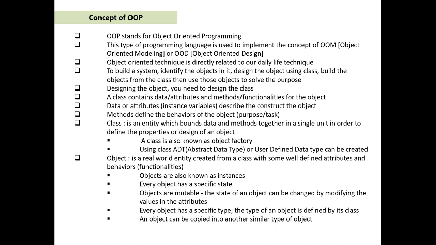Okay, so object oriented programming is basically a special type of programming where we consider the object as the basic elementary part in the entire system. Okay, whatever we will do, we will consider that we are dealing with objects.